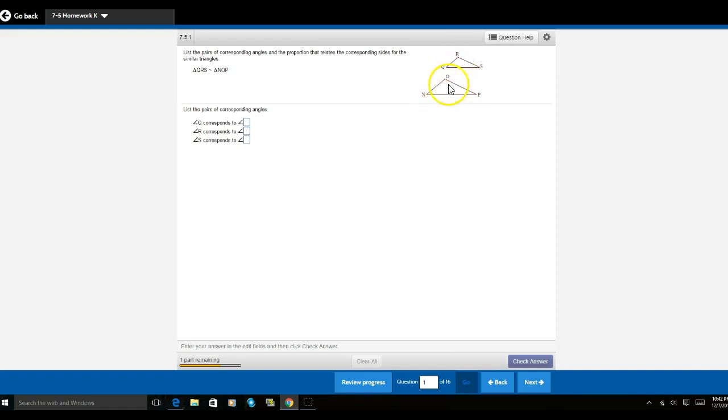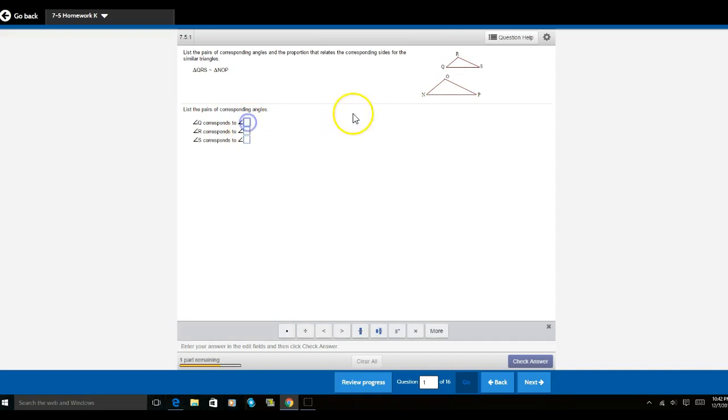So they're the same shape, they're just different sizes. So they want us to list the pair of corresponding angles. Well, angle Q is going to correspond to angle N. And angle R is going to correspond with angle O. And angle S is going to correspond with angle P.